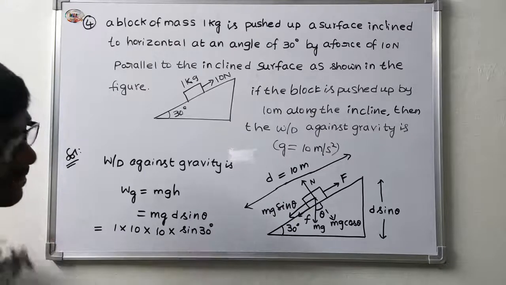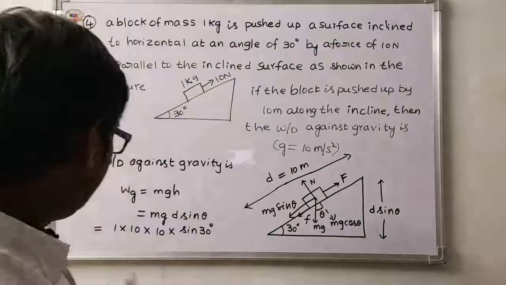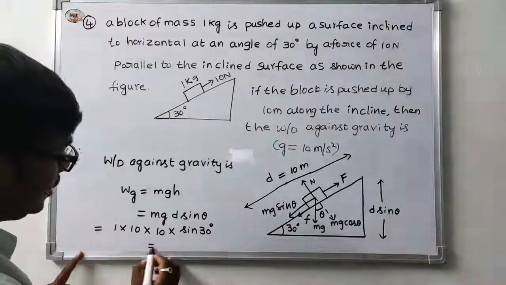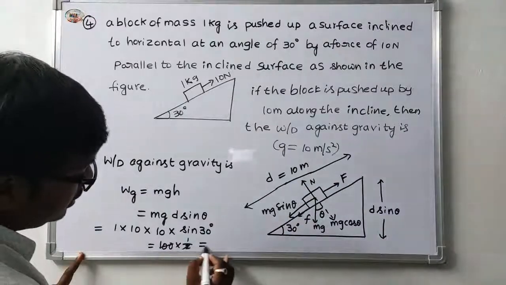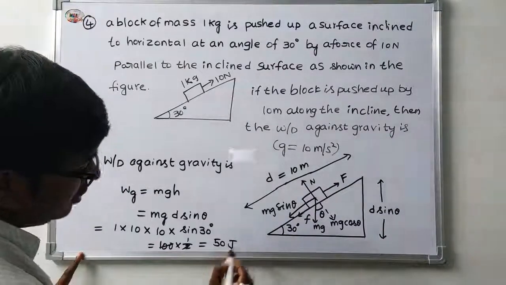Sin 30 value is 1 by 2. 10 tens are 100 into 1 by 2, 2 ones are 2, 2 fives are 10, that is equal to 50 joule.